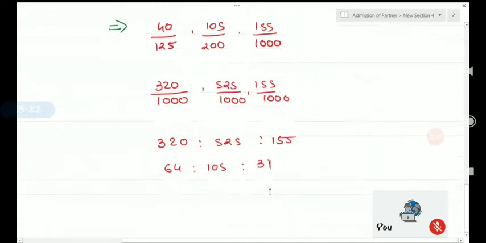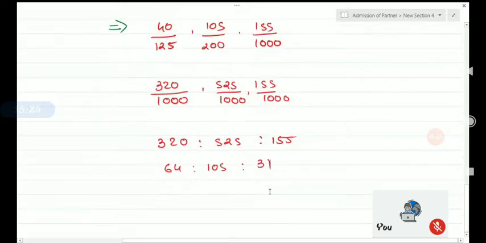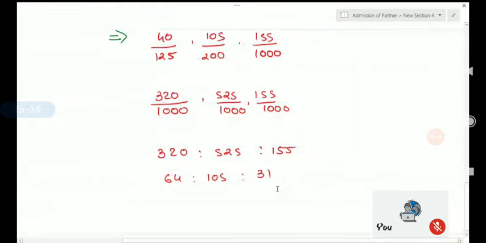Now this becomes the ratio: 64 is to 105 is to 31, and there is no problem in having such a big fraction. Okay, take care.